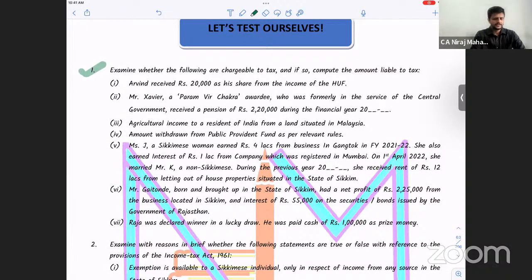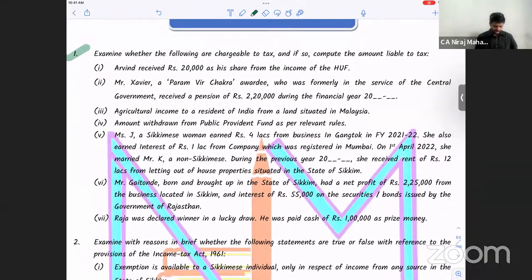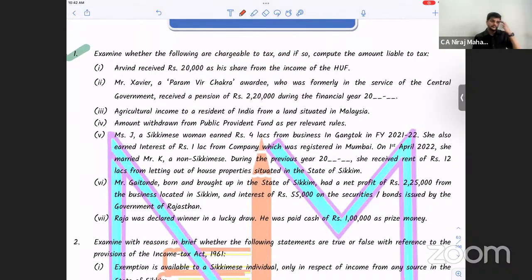Question and answers. Ready? Chalo. Examine whether the following are chargeable to tax, and if so, compute the amount liable to tax. Okay, if at all. है ना?